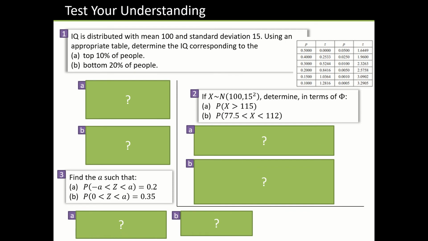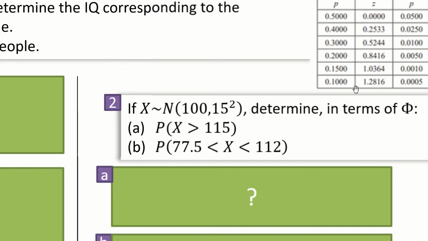With this first one, it says the top 10% of people. As we're given our X information of the mean and the standard deviation, but not where it's at and the probability, we can use our Z and say the top 10% will give us this value here.